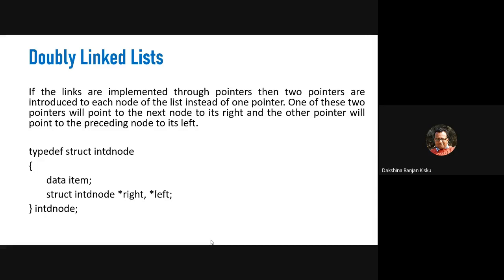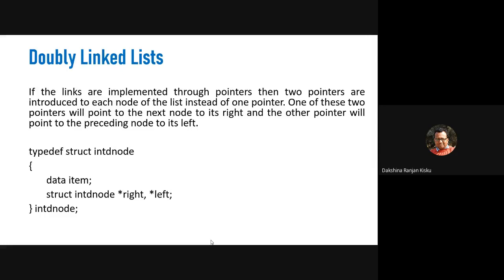So many other advantages are there, but since we are talking about some prominent operations on singly linked list and doubly linked list, I have just explained this phenomenon using two operations, insertion and deletion operations.